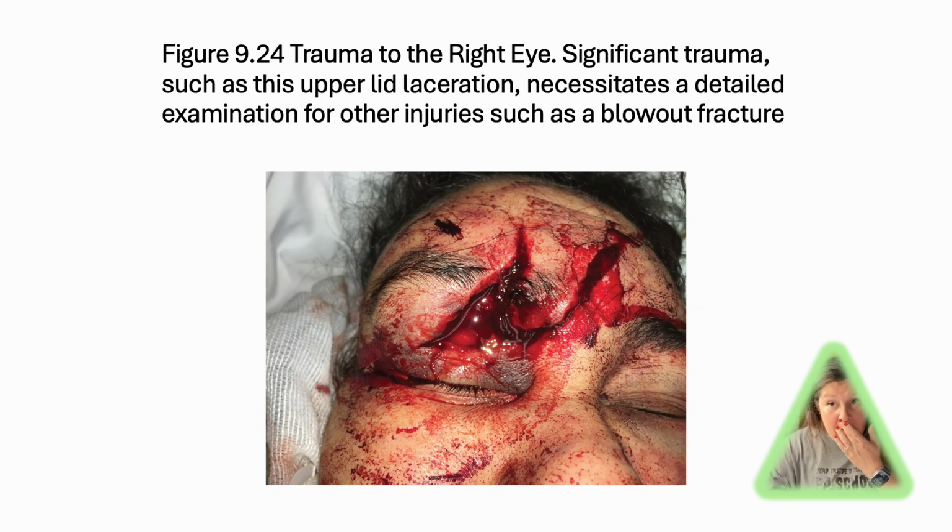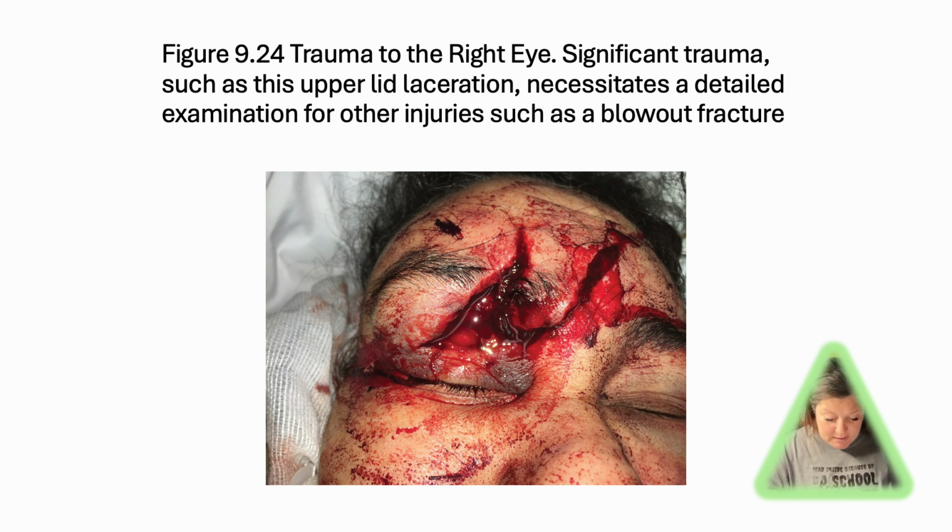Trauma to the eye. This is quite the upper lid laceration. This is going to require some imaging to ensure that the globe is still intact, that the muscles are still functional.